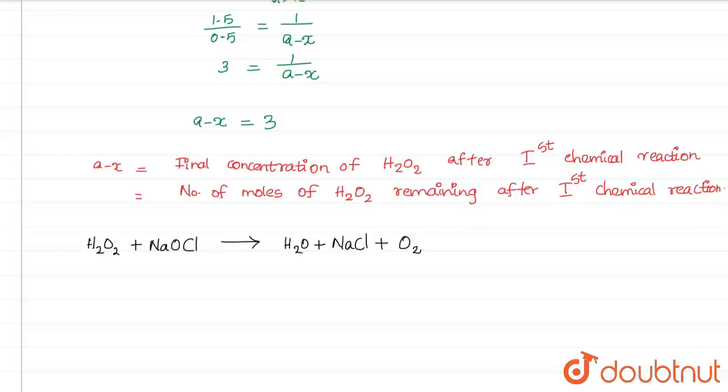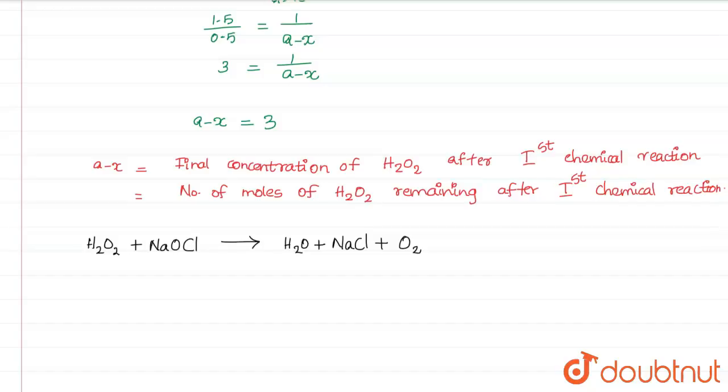Let us balance the equation. Here 2 hydrogen, here also 2 hydrogen, here 3 oxygen, here 3 oxygen, 1 sodium, 1 chlorine. Okay, the equation is balanced. Okay, so 1 mole of H2O2 reacting with 1 mole of NaOCl gives 1 mole of H2O plus 1 mole of NaCl plus 1 mole of oxygen.